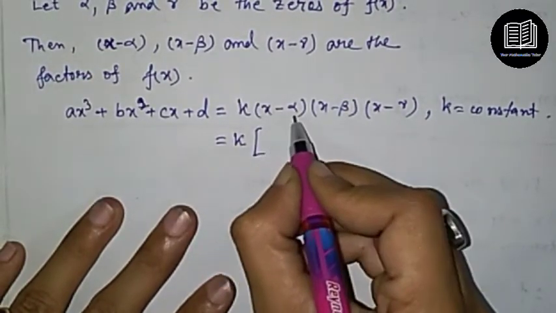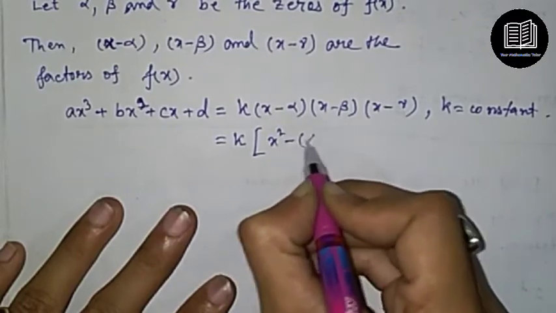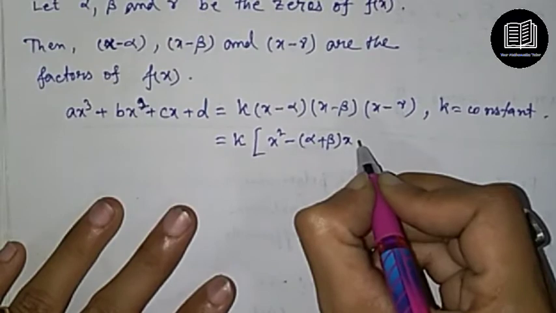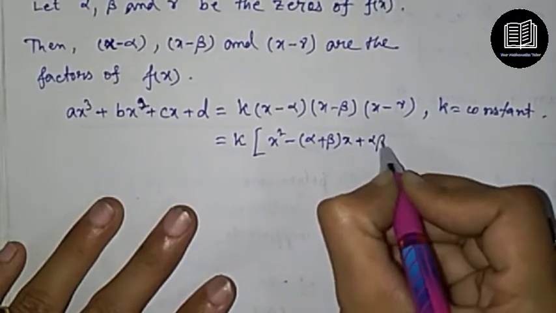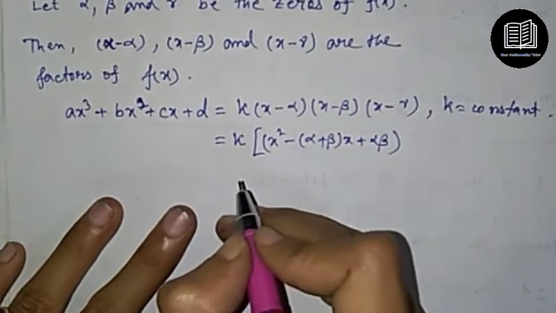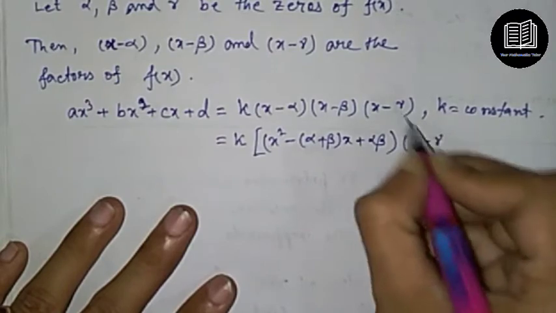If we multiply x minus alpha and x minus beta, we get x square minus (alpha plus beta) x plus alpha beta. We have derived this in the previous classes, so I am not discussing it, into x minus gamma.